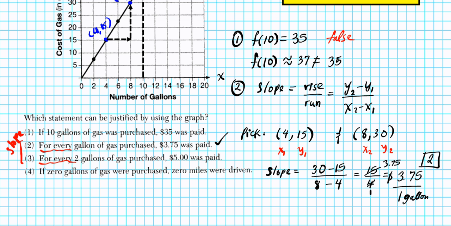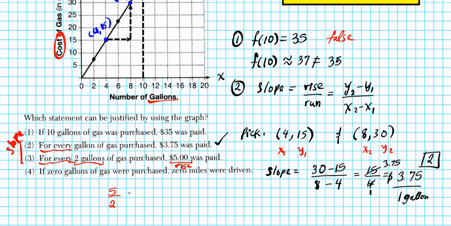If you wanted to test option 3, for example, you can simply ask yourself, okay, $5 is the rise because the y-axis is the cost, and then the run is $2 because our x-axis is gallons, right? So if you do 5 divided by 2, that's the slope.